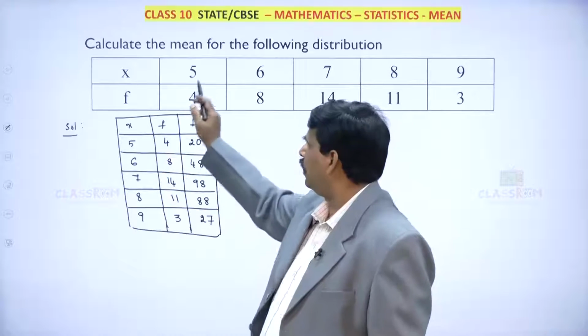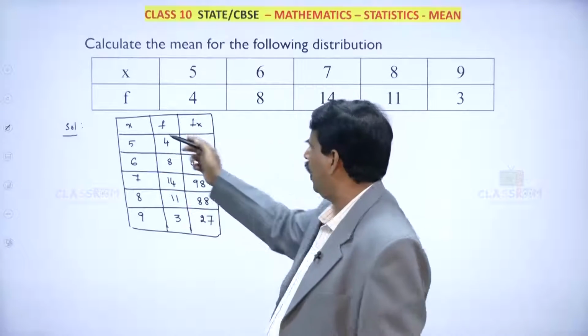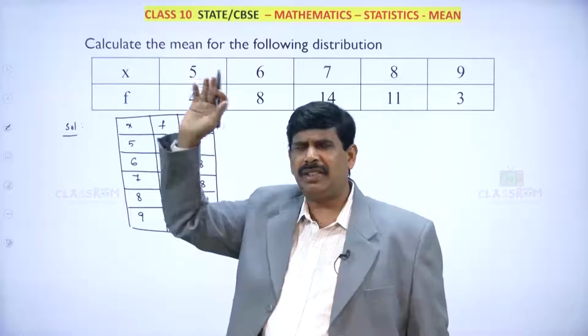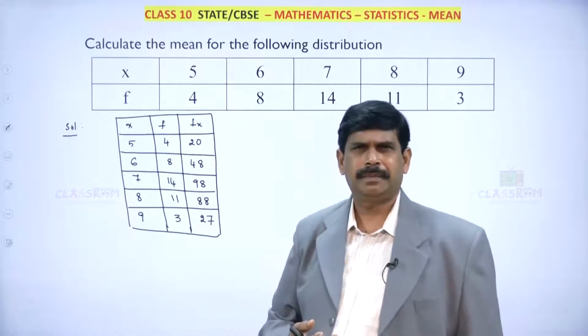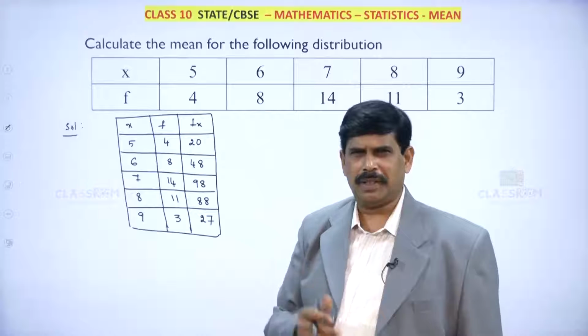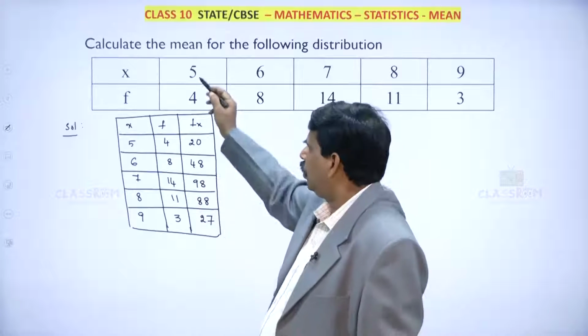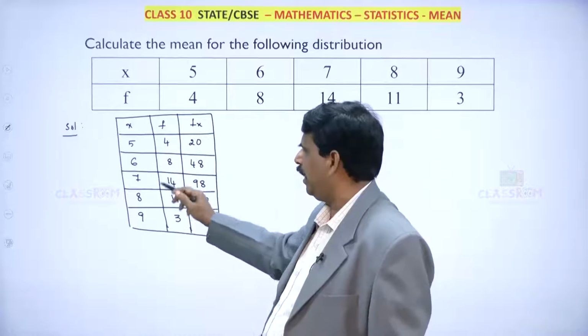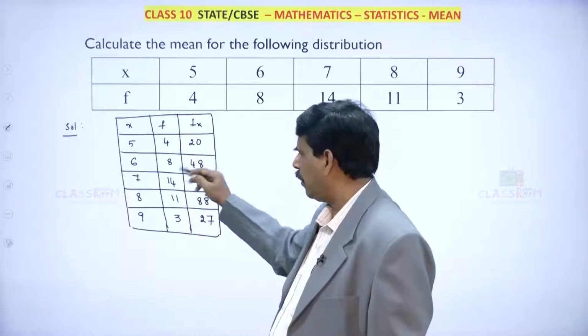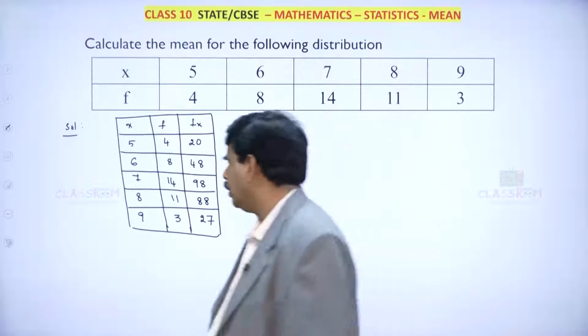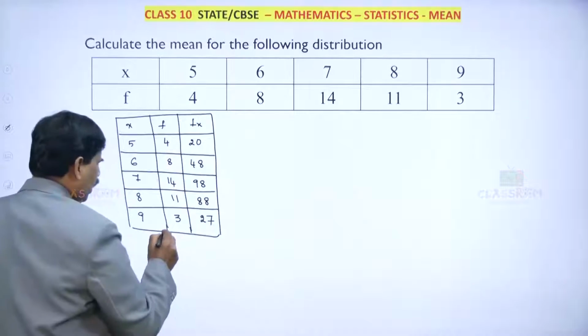So now 5, 6, 7, 8, 9, the values are given. The first row is always x. The second row is frequency. So this is x, 5, 6, 7, 8, 9. You multiply now with the frequencies. 5 4s are 20, so we have multiplied like this. Now what you have to do, you add the frequencies first.